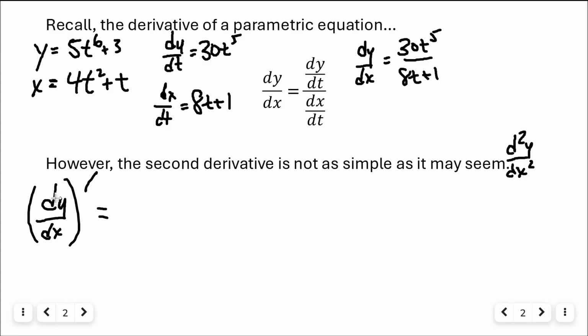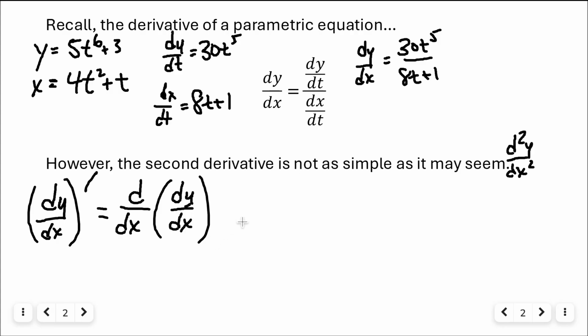Or we could write it like this: the derivative of y with respect to x, its derivative. So I want to find the derivative with respect to x of dy/dx, right? That will give me the second derivative of y with respect to x.